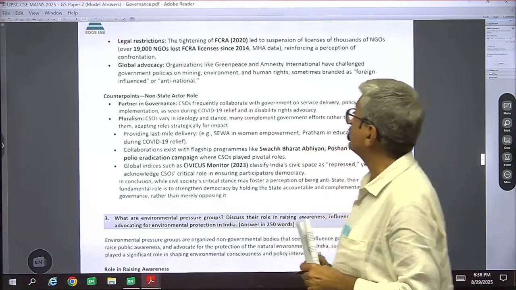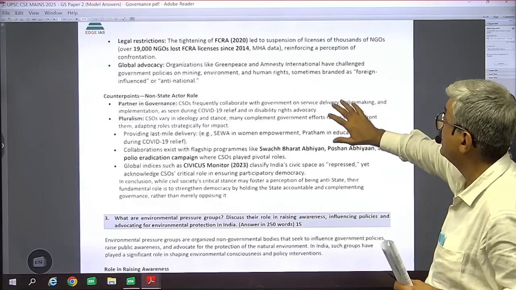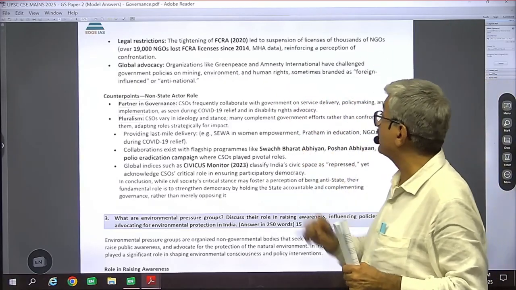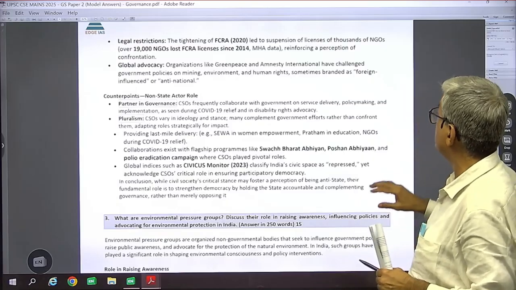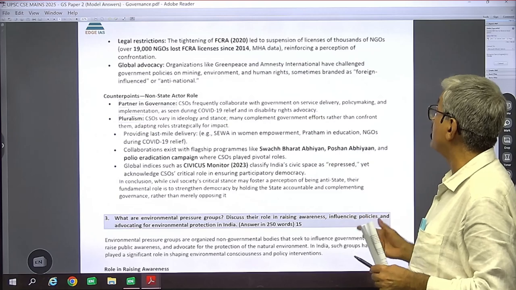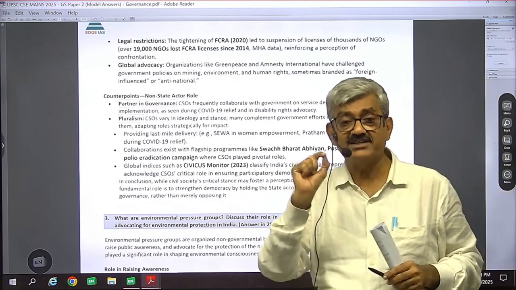The tightening of FCRA led to suspension of licenses of thousands, as we have discussed. Certain global advocacy organizations like Greenpeace and Amnesty International have challenged government policies on mining, environment, and human rights, and were sometimes branded as foreign influenced and even anti-national.